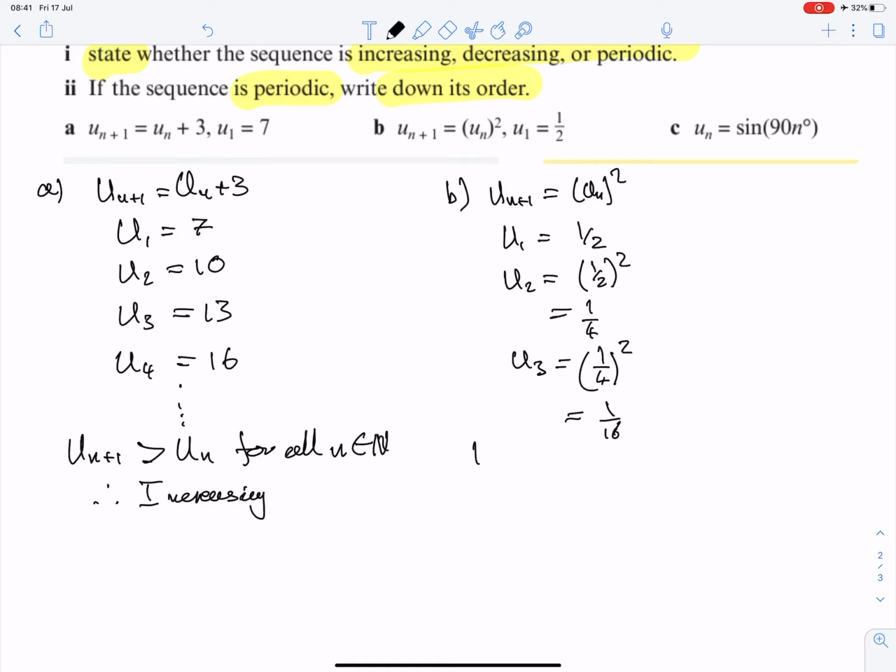So un plus 1, the next term, is less than un for all n, a member of the set of natural numbers, therefore decreasing.